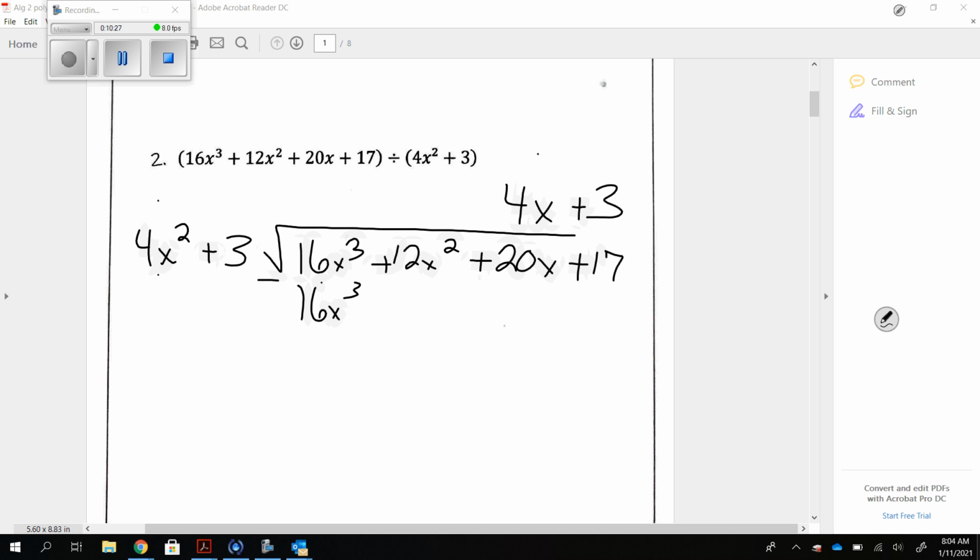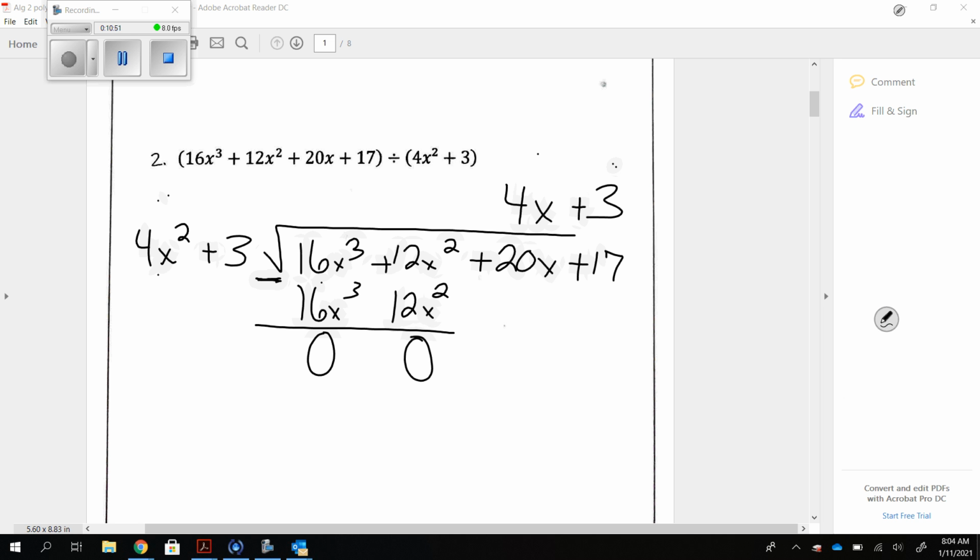And then again, don't forget that extra step to finish it out: do 3 times 4x squared and get 12x squared. When you do this, you should get numbers that cancel out. So now we do the subtraction that we've been waiting on. 16x cubed minus 16x cubed and 12x squared minus 12x squared. We get 0 and 0.